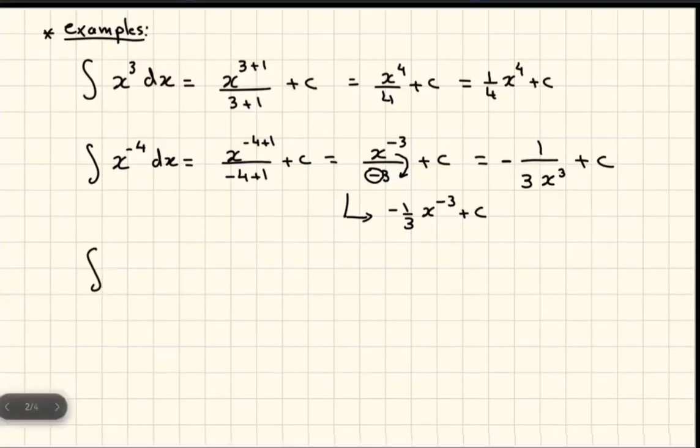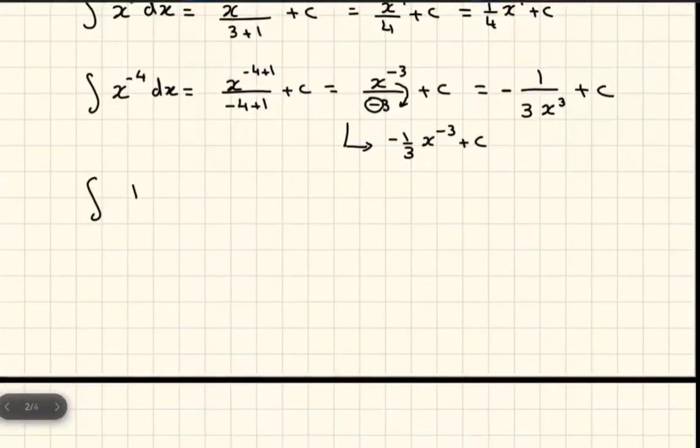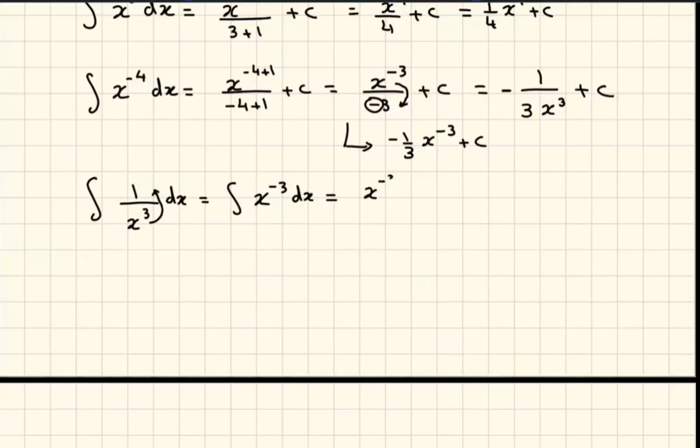Now, integral of, let's say I have 1 over x exponent 3. I cannot work with x in the denominator because we only know one rule. So I must bring it up first, and then I integrate. So it becomes x exponent minus 3 plus 1 over minus 3 plus 1.